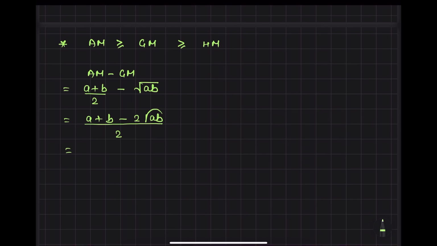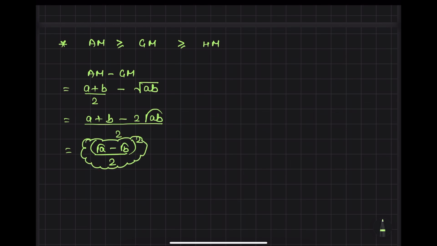If you observe, you will have a square plus b square minus 2ab. So can I say that it is root a minus root b, whole square, by 2, as they are positive numbers?